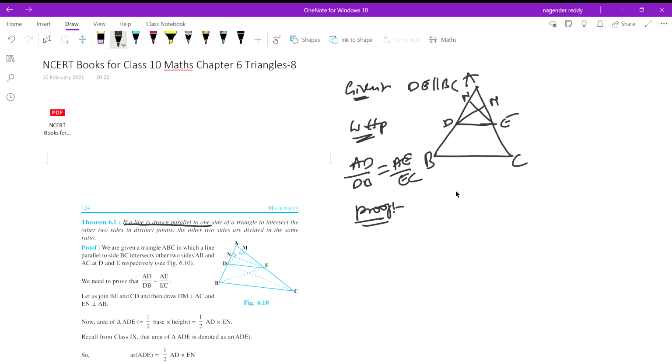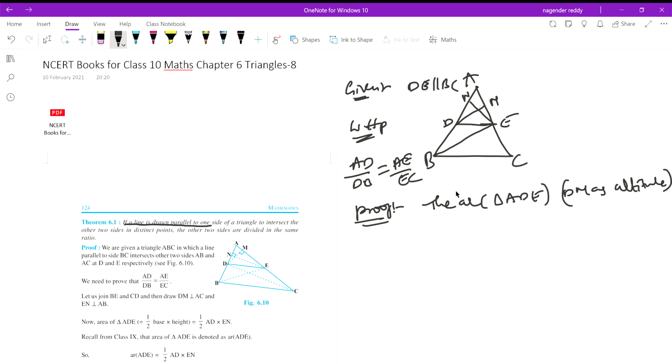Now if I take triangles BDE and ADE, first let me go with the area of triangle ADE, with DM as the altitude.